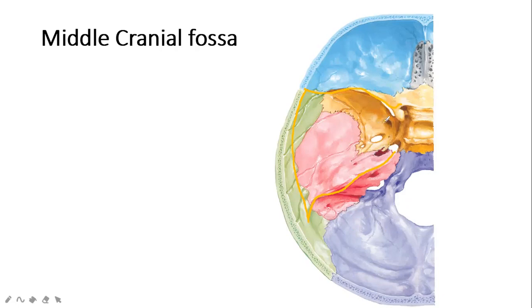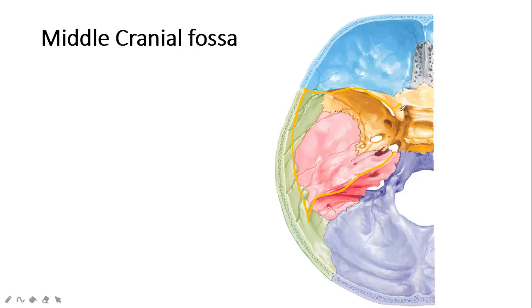Starting from anteriorly going posteriorly, we'll see a cleft between the lesser wing and the greater wing. This is the superior orbital fissure. This opening connects the middle cranial fossa to the orbital region. Superior orbital fissure means there is an inferior orbital fissure that we will talk about when we do the orbital cavity.